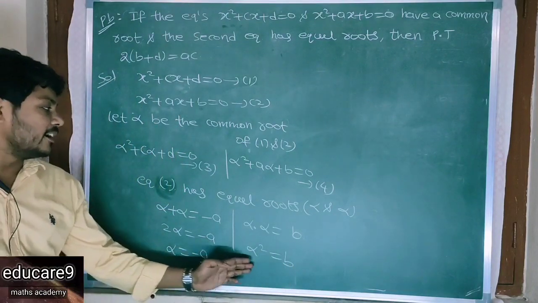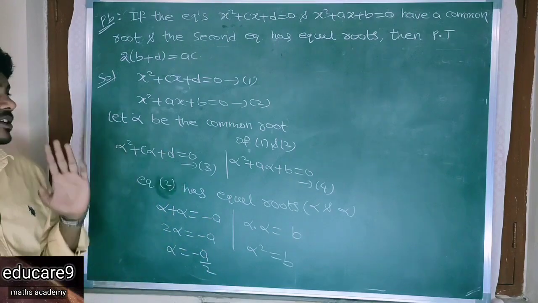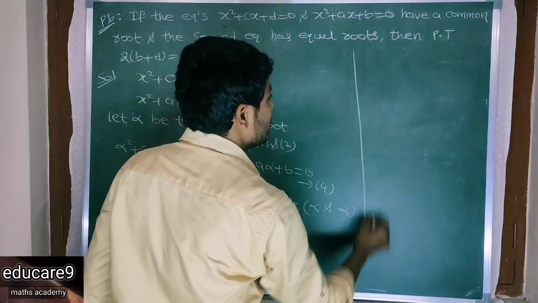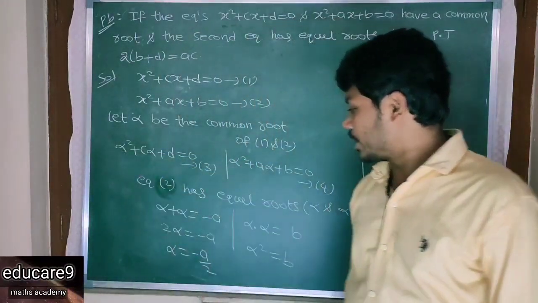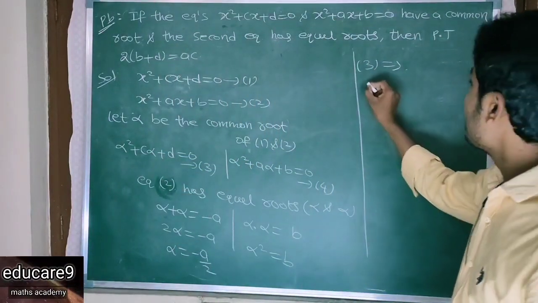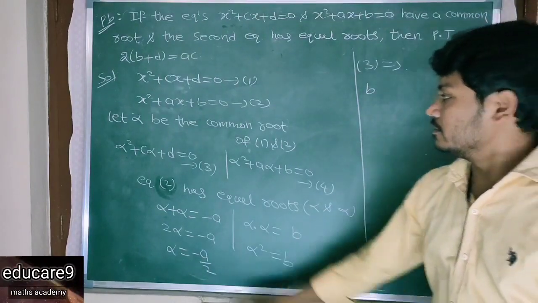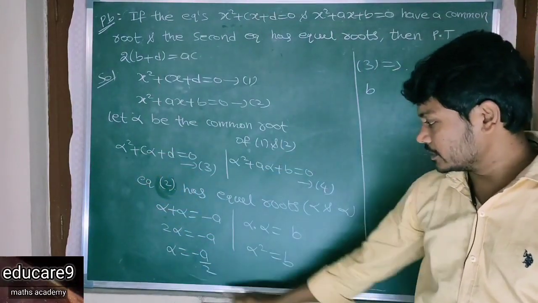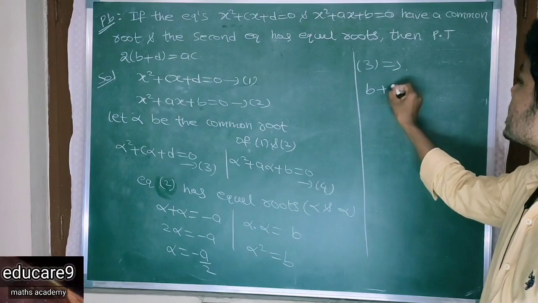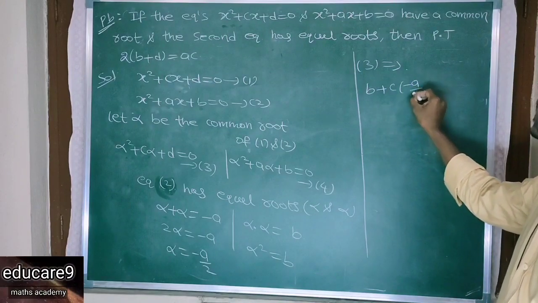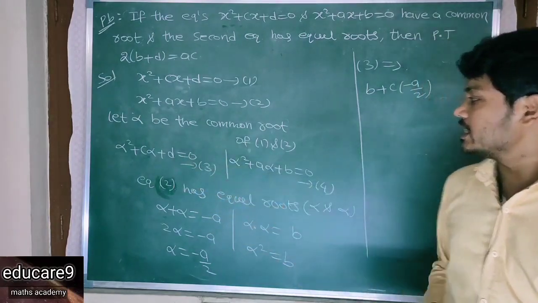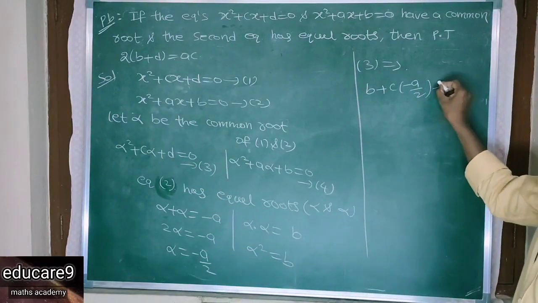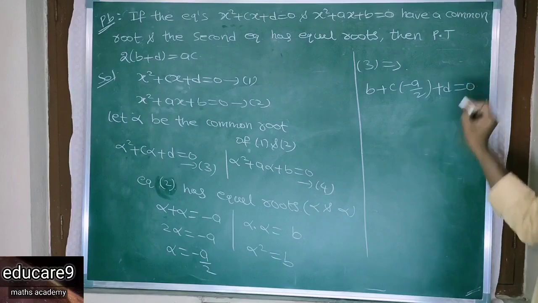Substitute this alpha and alpha square in equation 3. So equation 3 implies alpha square, that is b, plus c alpha, that is c into minus a by 2, plus d is equal to 0.